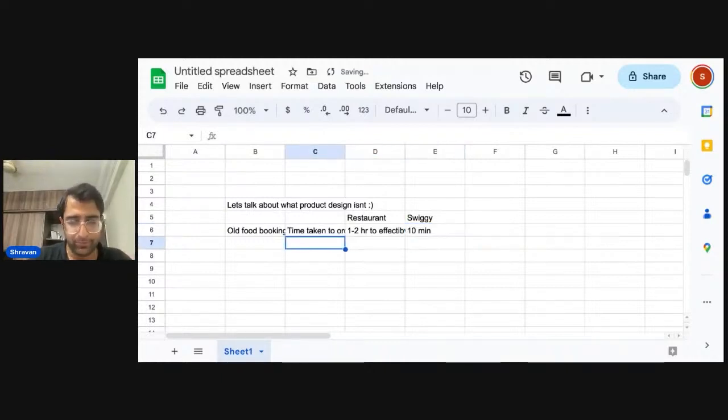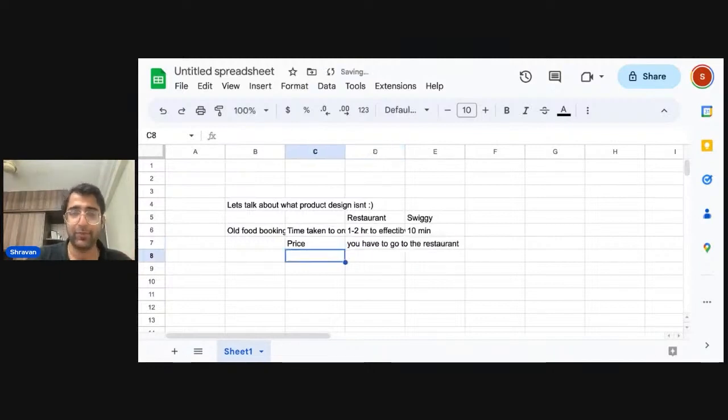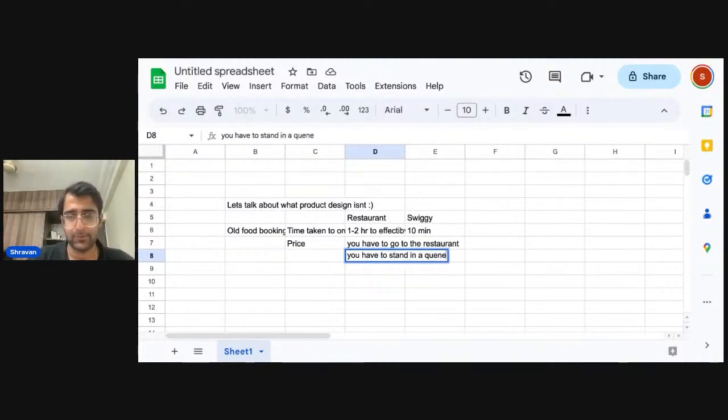And then price, right? The general cost that you incur is that you have to go to the restaurant. Okay? You have to stand in a queue. Okay? And you have to pay the price which the restaurant owner decides.